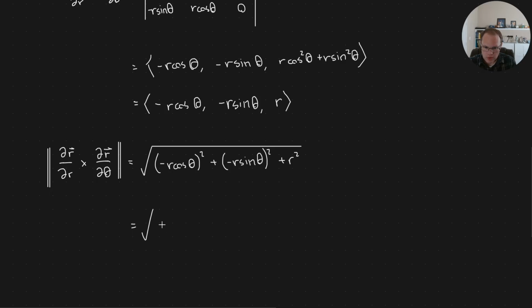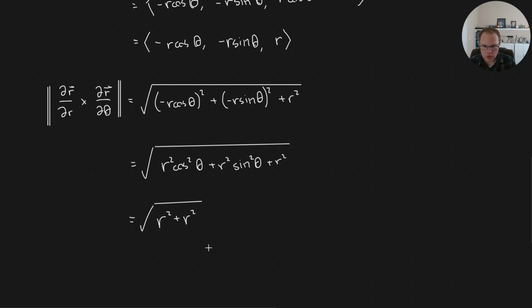We get square root of r squared cosine squared theta plus r squared sine squared theta plus r squared. Again, I get that cosine squared plus sine squared. Just factor out the r squared first. Cosine squared plus sine squared is 1. So I'll just get r squared here. R squared plus r squared, that's going to be 2r squared, or square root of 2 times r.